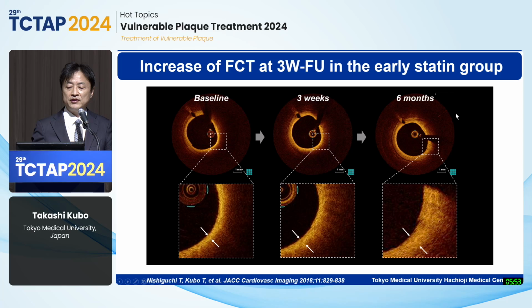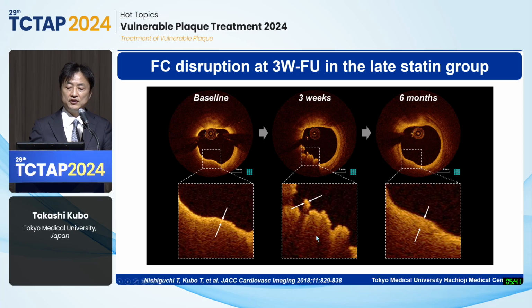This is an example of the early statin group. OCT clearly shows the increase of the fibrous cap thickness at 3 weeks follow-up. On the other hand, this is the late statin group. The OCT clearly visualized the fibrous cap disruption at 3 weeks follow-up compared to their baseline.